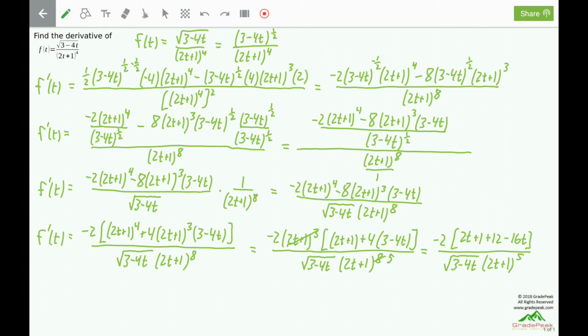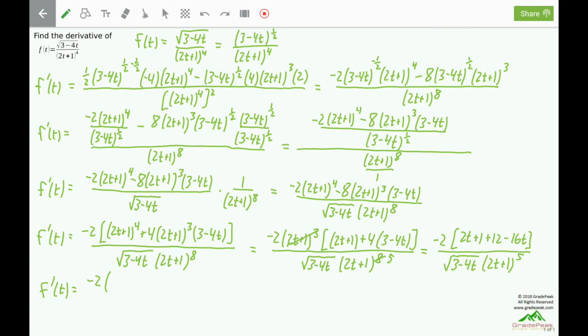All right, our last step is to combine any like terms together in the square brackets in the numerator. So our derivative f prime of t will be, we have the negative 2 factored out, and we'll be left with, well, I have a 2t and a negative 16t. That'll become a negative number. So let's write the constant first.